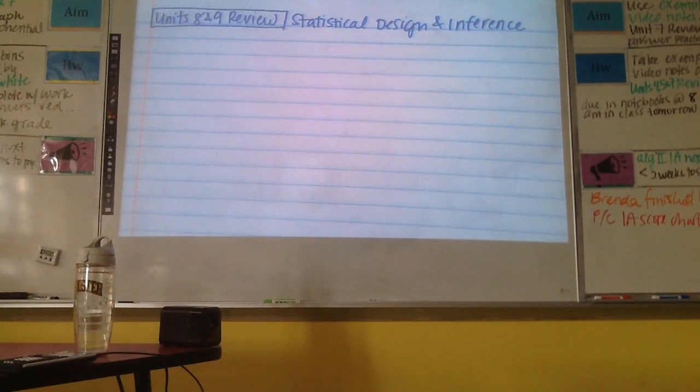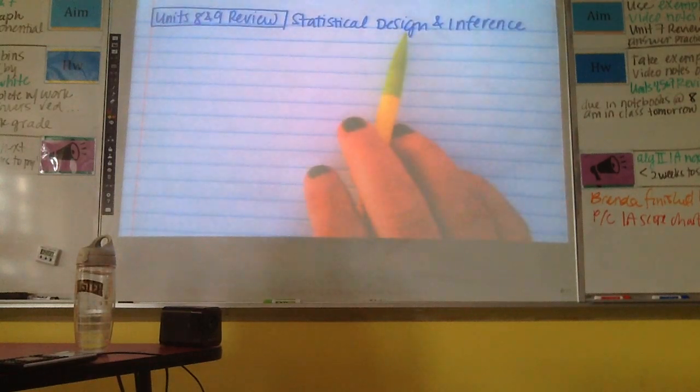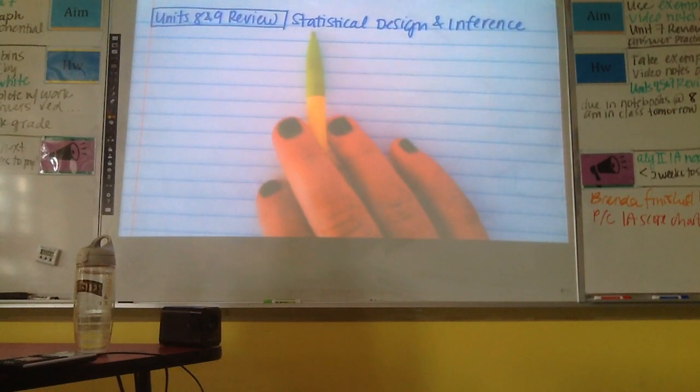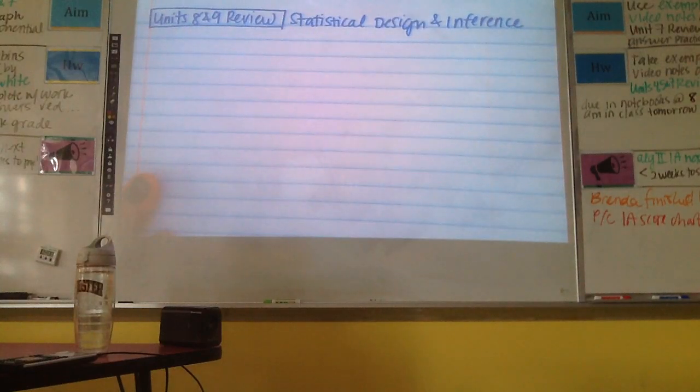Today's goal is to review the statistics units, statistical design and statistical inference. Keep in mind, statistical design is about designing a study that we can use to gather data. Data we can then use to form a statistic.